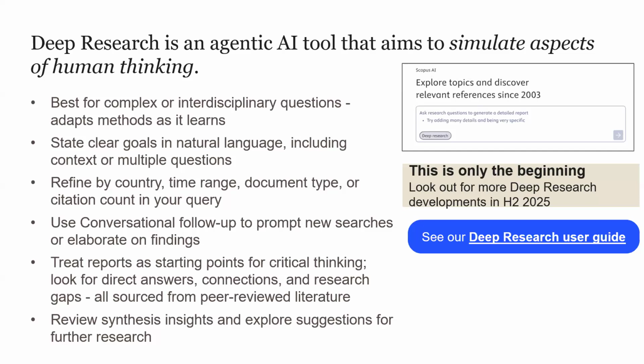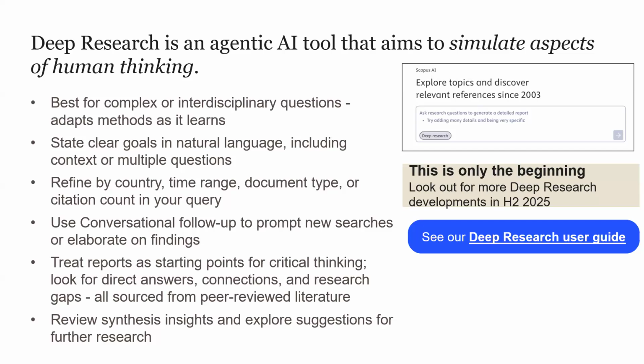What agentic AI and deep research are really very good at is complex and interdisciplinary questions. It adapts its methods automatically as it learns. It breaks down the query into different components, and the AI activates agents as it goes through the steps to give you a deeper response to your query.